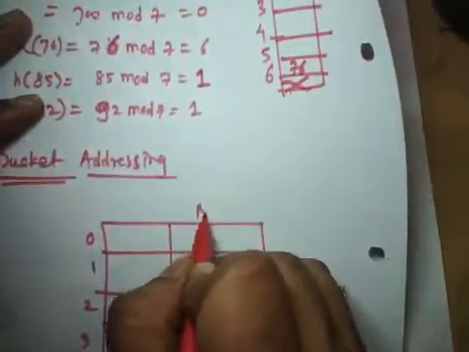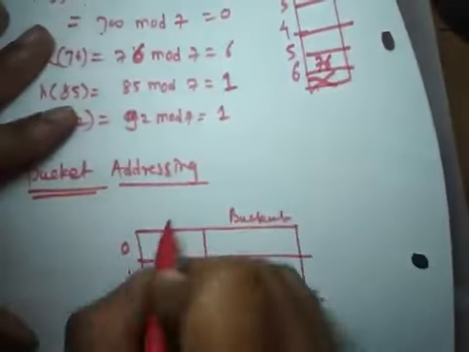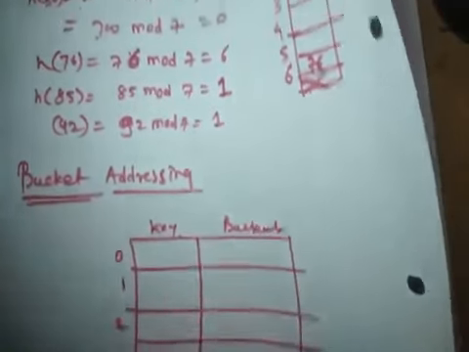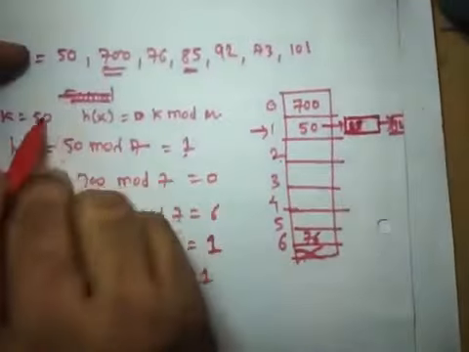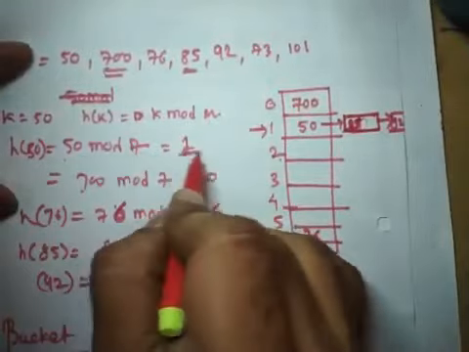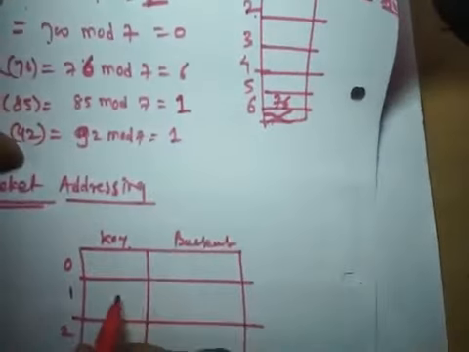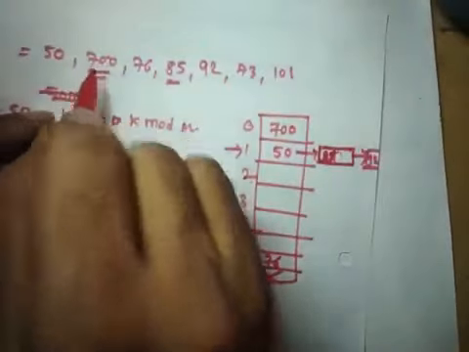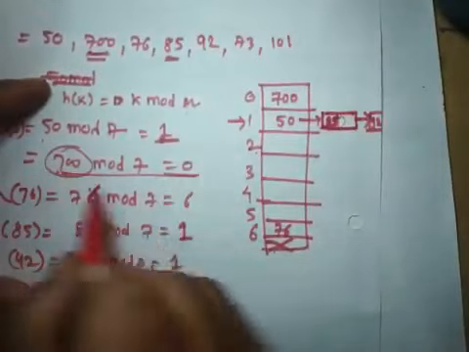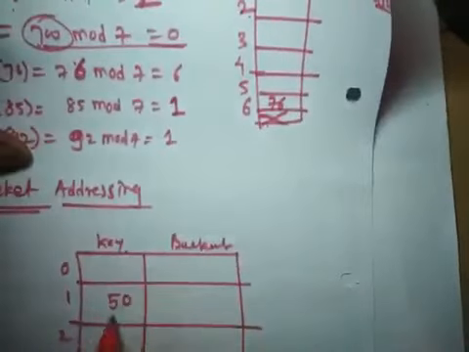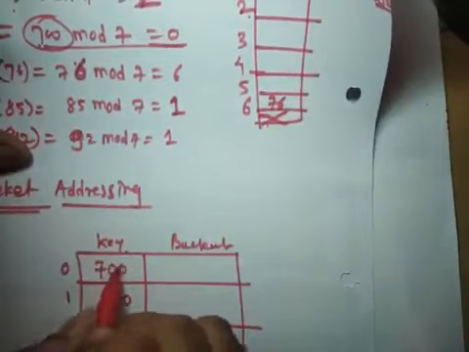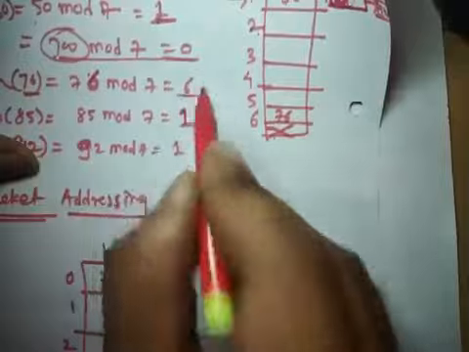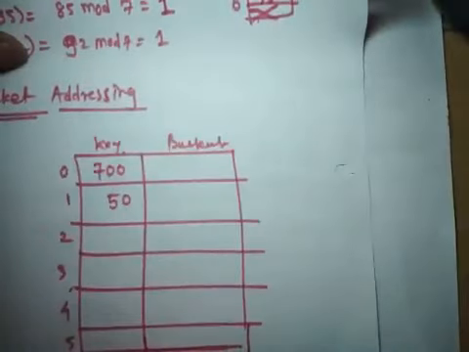This is the bucket, and these are your original key values. Let's take the same example. At index location 1 we store the value 50. At index location 0 we store 700. For 76, at index location 6 we store 76.